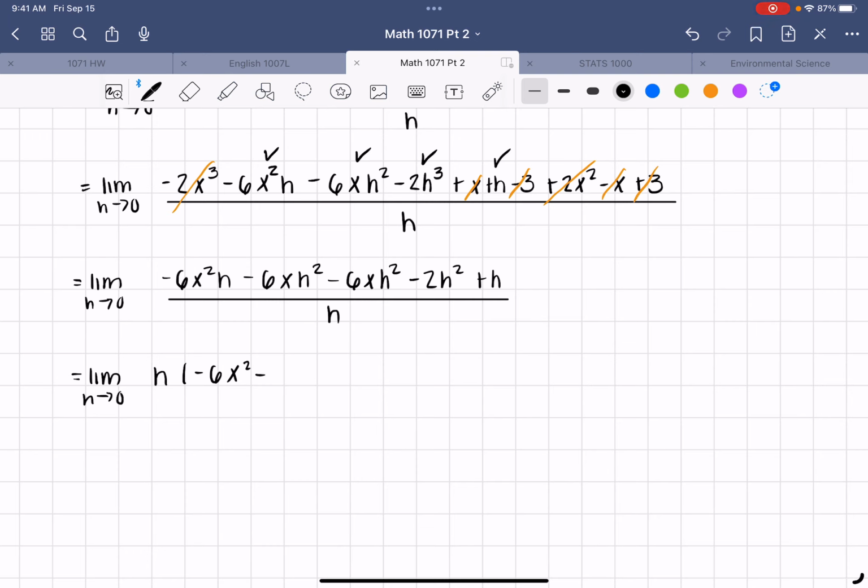So 6xh goes to 0. Plug 0 in for h if you want to think of it that way. That's going to 0. So all you have left is the negative 6x squared plus 1, which is what you predicted, right? Negative 2 times 3 is negative 6. So that is what you predicted.